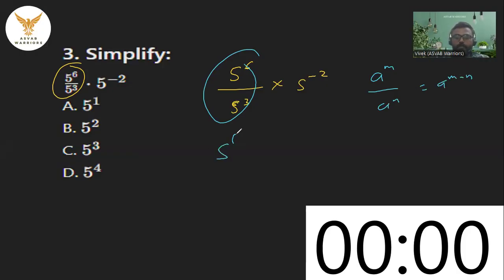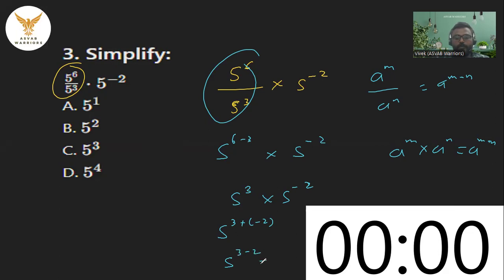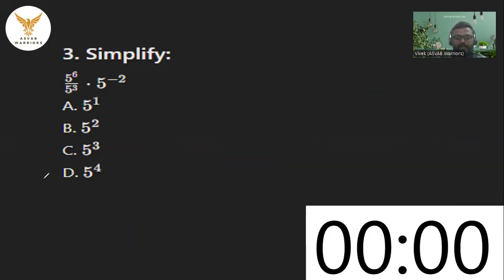So this becomes 5 to the power 6 minus 3 times 5 to the power minus 2. 6 minus 3 will become 3 itself. 5 to the power 3 times 5 to the power minus 2. a to the power m times a to the power n is a to the power m plus n. So I'll apply that rule. 3 plus negative 2, which is nothing but 5 to the power 3 minus 2, which is nothing but 5 to the power 1. So option A is correct.